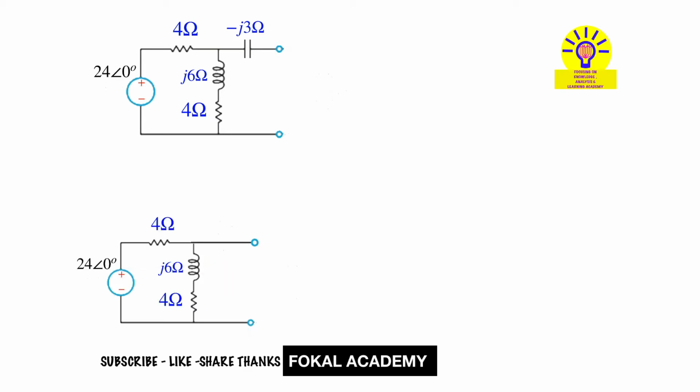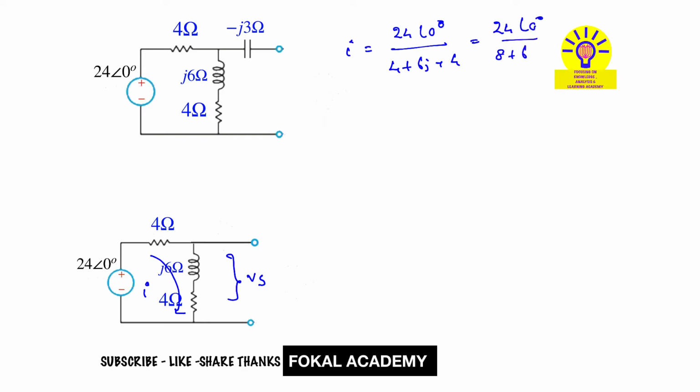We want the voltage across these two elements, that is Vs. When you observe that these three elements are in series, in this loop the current is I. So first of all, find the current I. I equals voltage 24 with angle 0 divided by the total impedance, that is 4 plus 6j plus 4, which equals 24 angle 0 divided by 8 plus 6j.